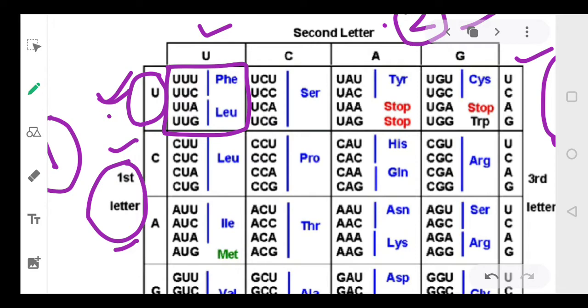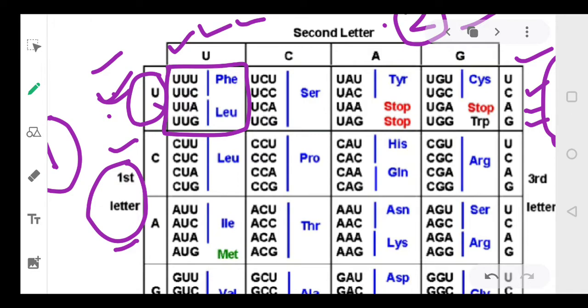Second, we have this first letter and the second letter from here, so U, U, C. Third, U, U, A. Then fourth, U, U, G. So in the first box we have 4 codons: UUU, UUC, UUA and UUG.